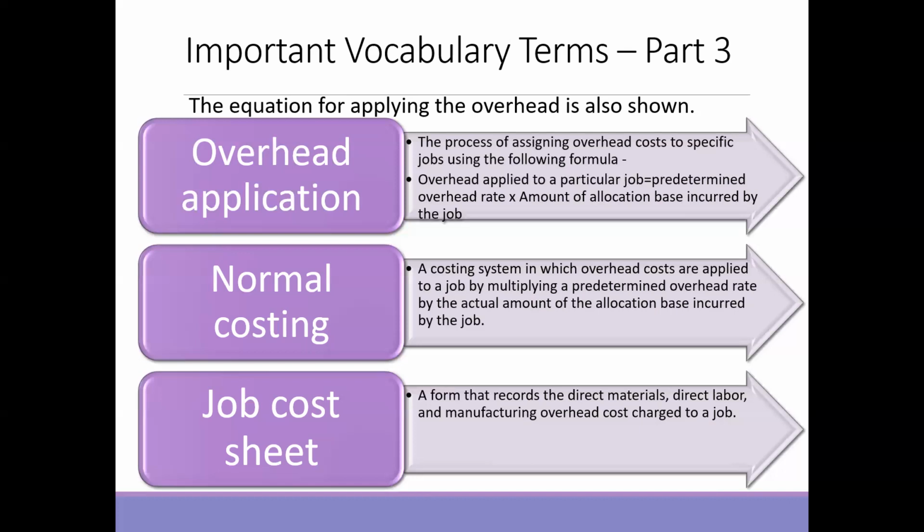And the job cost sheet is that form where we record all costs on a job. It shows the job number, direct materials, direct labor, and the manufacturing overhead that gets applied to the job.